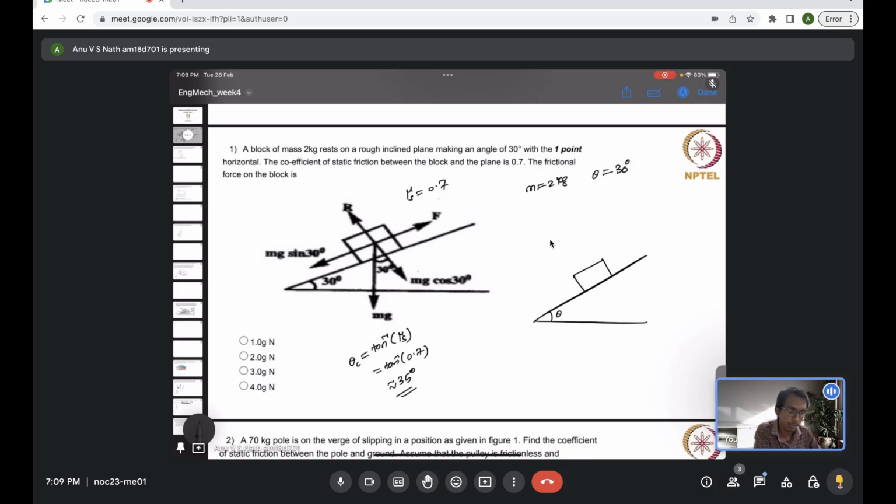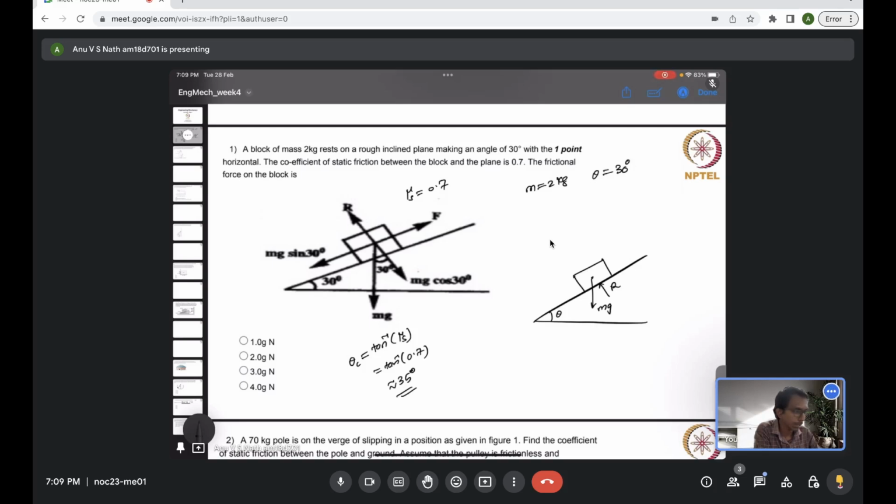So when it is in equilibrium, now we can resolve the forces acting on it. Its mass is acting as a weight mg vertically downwards, and between the inclined surface and its bottom surface, there will be a reaction force acting on the body. So these are the two external forces acting on the body.